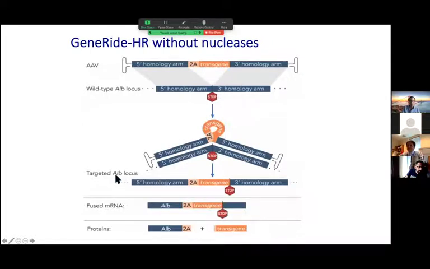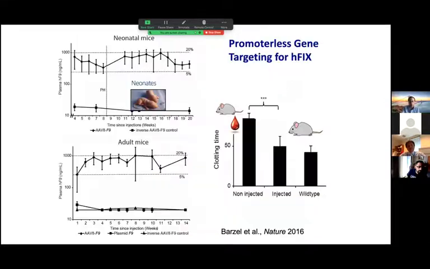For example, in the liver, if we target the end of the albumin gene, now when we get a messenger RNA, we get a fused message that makes the albumin itself and the transgene product or therapeutic gene product as shown here. So you can get two proteins from the same transcript.